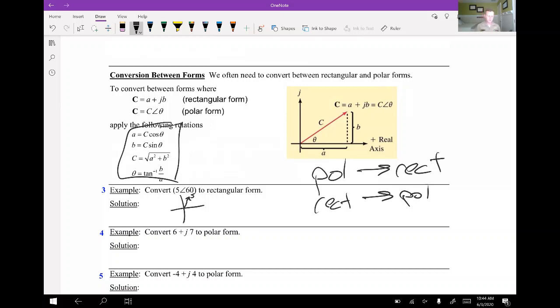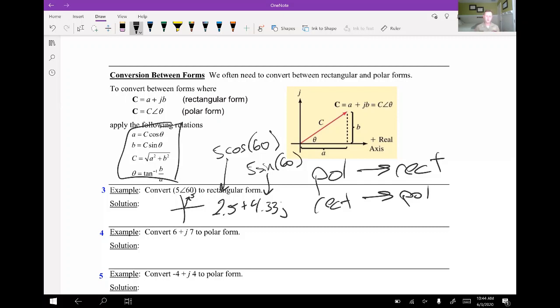And if I plug it into my calculator, I get 2.5 plus 4.33J. The other way that you could solve for these is that we could take the 5 cosine of 60, 5 cosine of 60 would give me that number, and 5 sine of 60 would give me 4.33. But like I said, shortcuts are better.